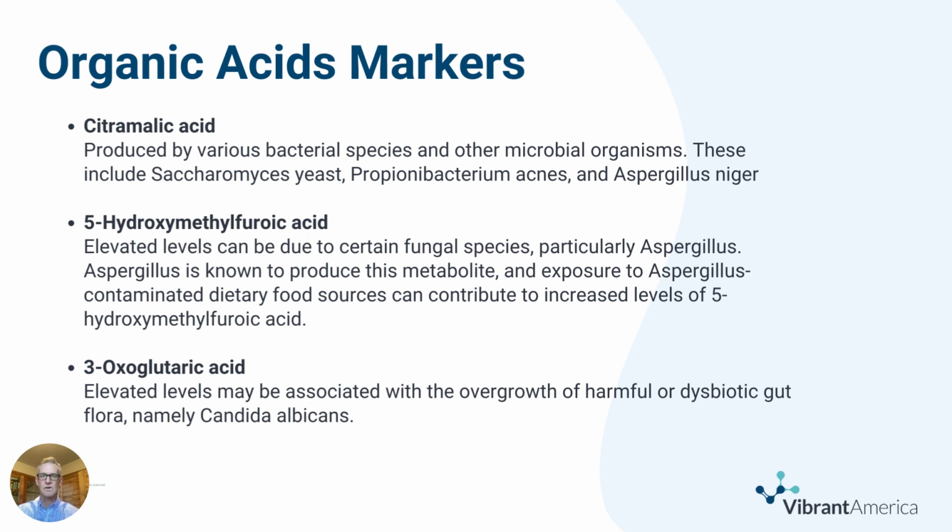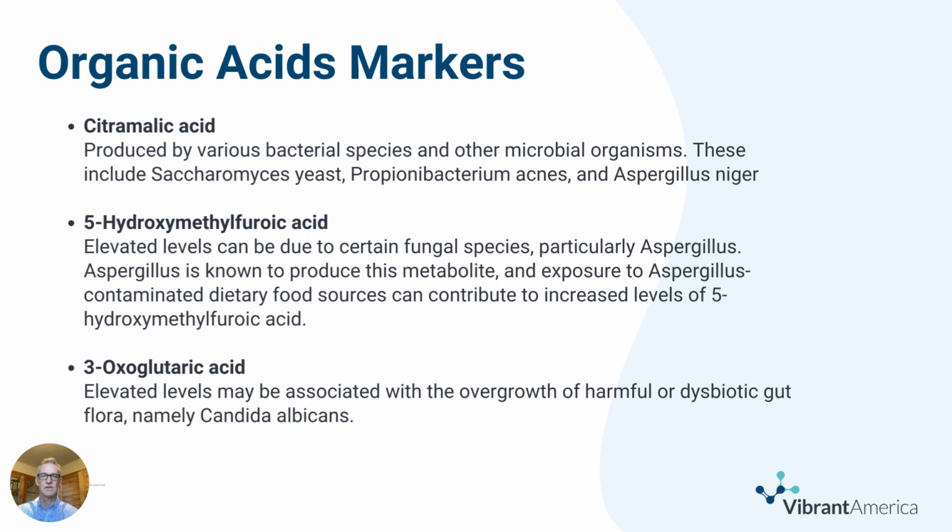So first one there was citramalic acid, produced by various bacteria and other microbes, but also can be produced by Saccharomyces yeast, Propionibacterium acnes, that's obviously bacteria, and Aspergillus is a different type of fungus. So those are some of the main ones that'll create that citramalic acid. 5-hydroxymethylfuroic acid can be elevated due to fungal species like Aspergillus.